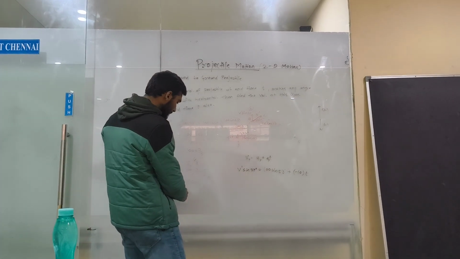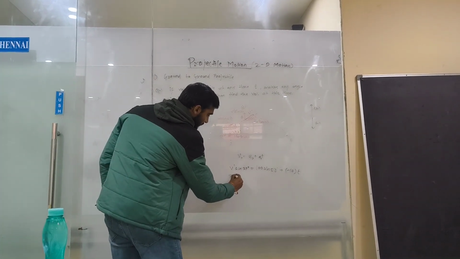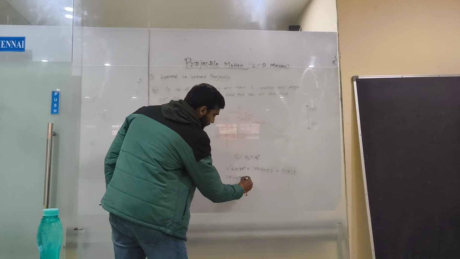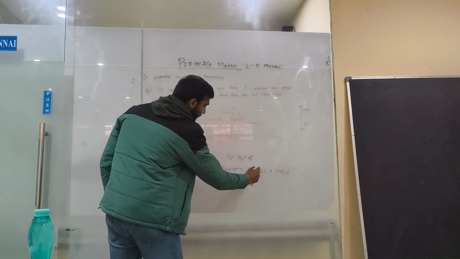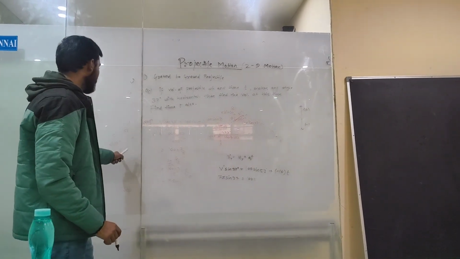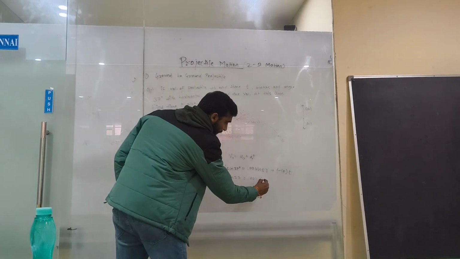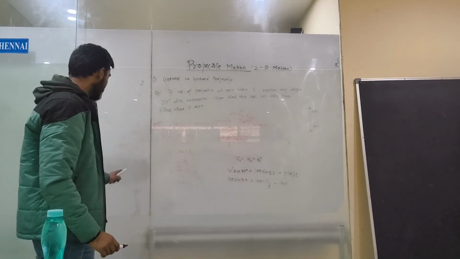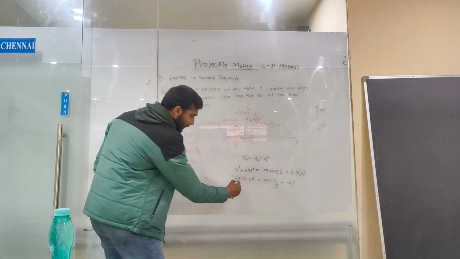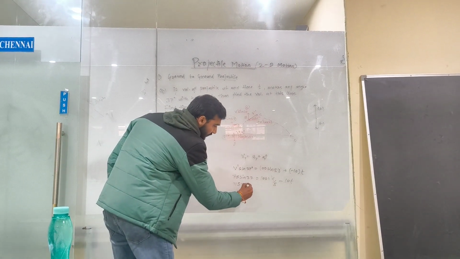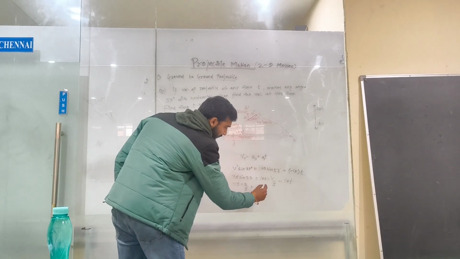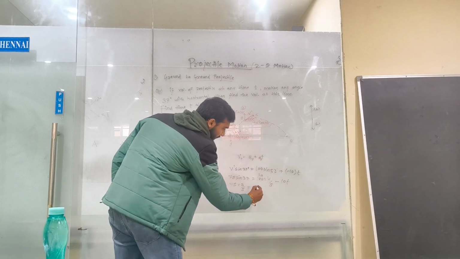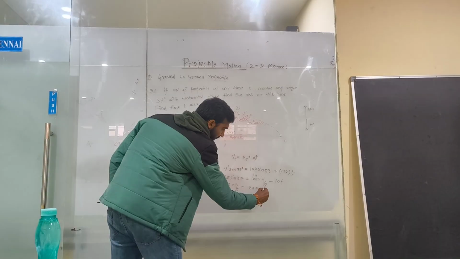Okay, v dash is 75. So we can see 75 sin 37 is equal to 100 sin 53 minus 10t. Sin 53 is 4 by 5, sin 37 is 3 by 5. Put the values: 75 into 3 by 5 is equal to 80 minus 10t.